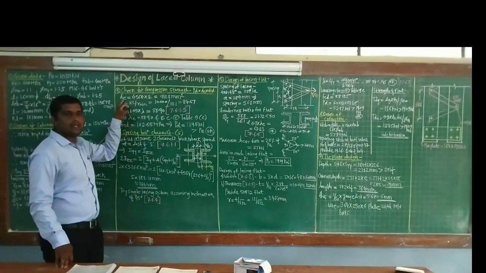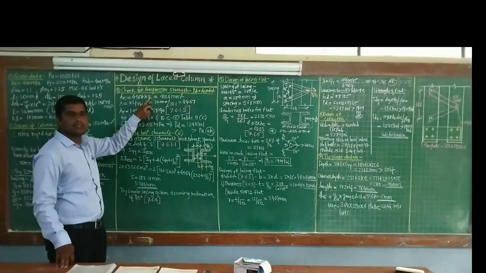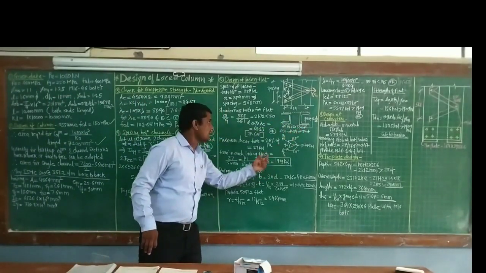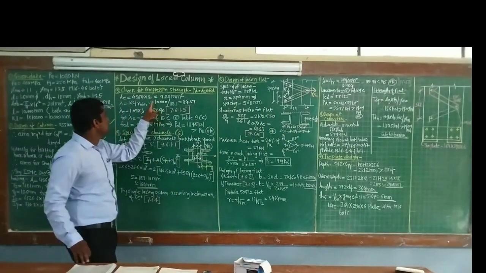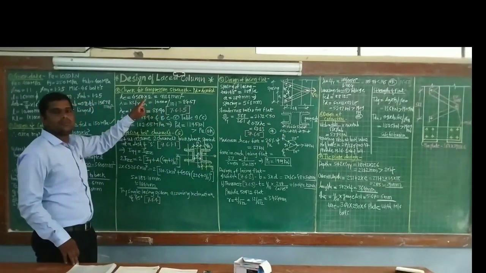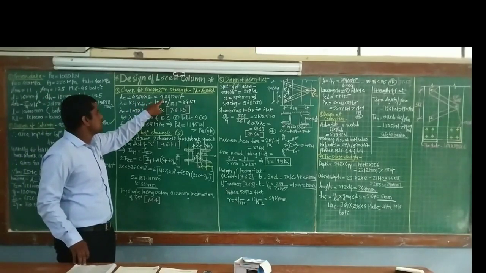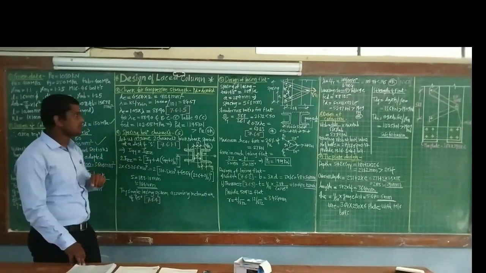The effective area is 4564 multiplied by 2, because we are going to place two channel sections. The 4564 is the area of one section, and multiplying by 2 since they are placed back to back, the actual area is 9128 mm² for two sections.